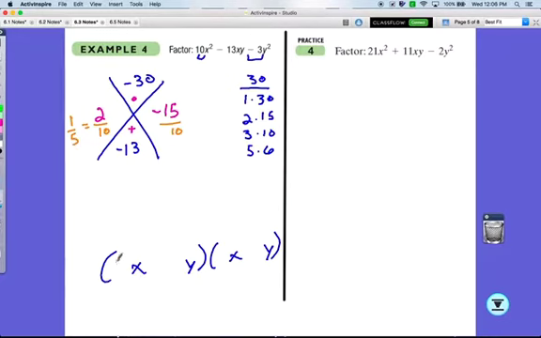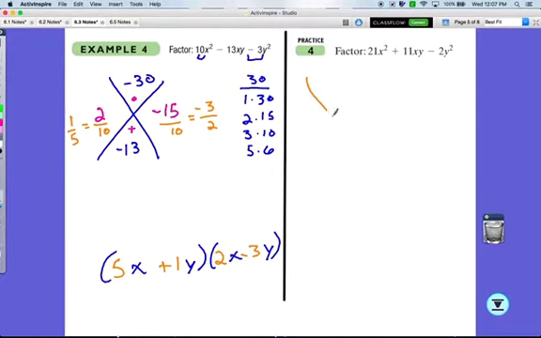So that ends up giving me 5x plus 1y. And then over here, 5 will go into 15 and 10. So it'll give me a negative 3 and 2, which ends up giving me 2x minus the 3y. The bottom number after you reduce the fraction comes in front of x. Try your practice 4.